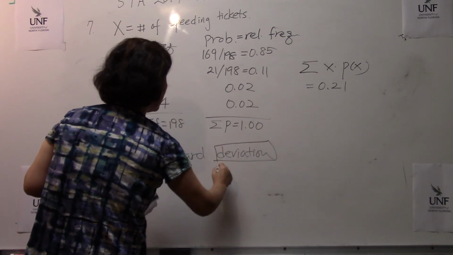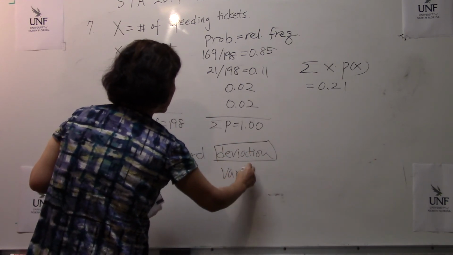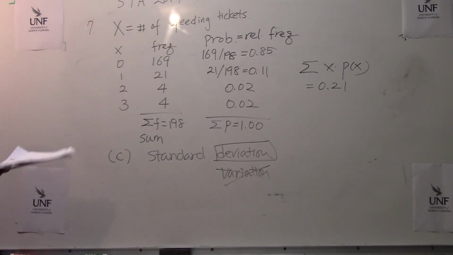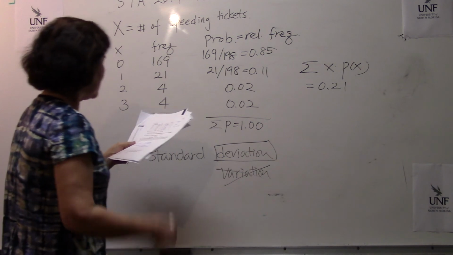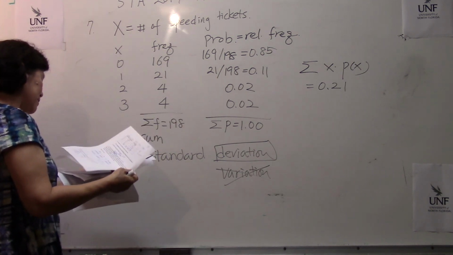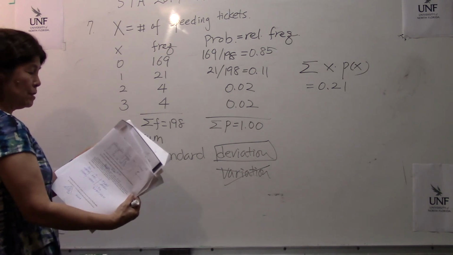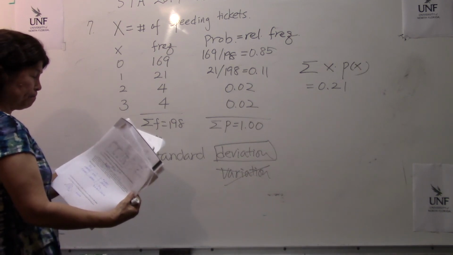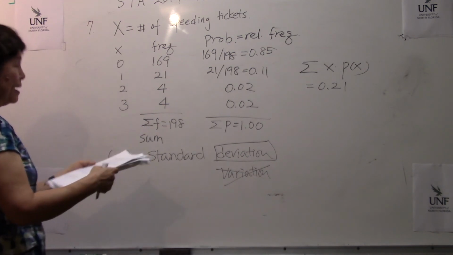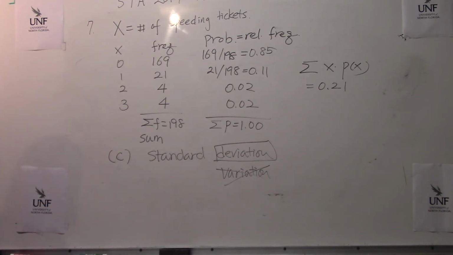I'm sorry, I don't know where it came from. Okay, so standard deviation. It makes you think, well, I want to use a calculator. So do you remember how to use a calculator for that? I didn't even give a formula for this. I expect you to use just a calculator.